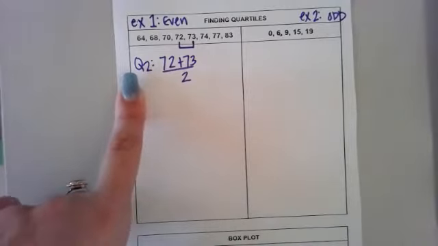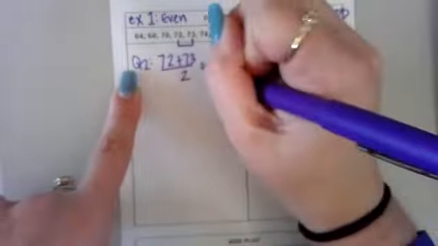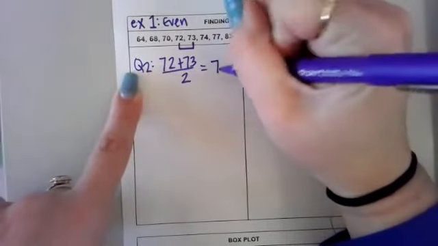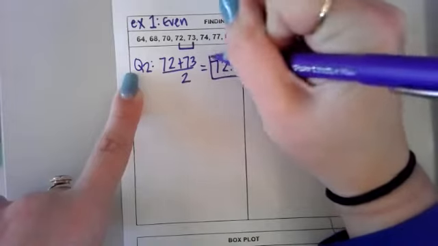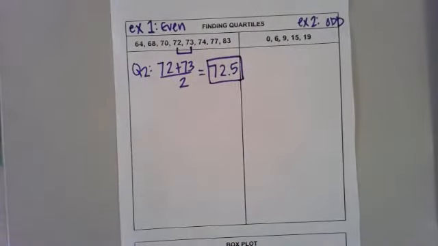Or another way to think about it is I'm trying to find what's exactly halfway between these 2 numbers. Either way, you should get that the second quartile is 72.5. That is our median. And now we want to use this median to determine what the upper half and the lower half of the data is.